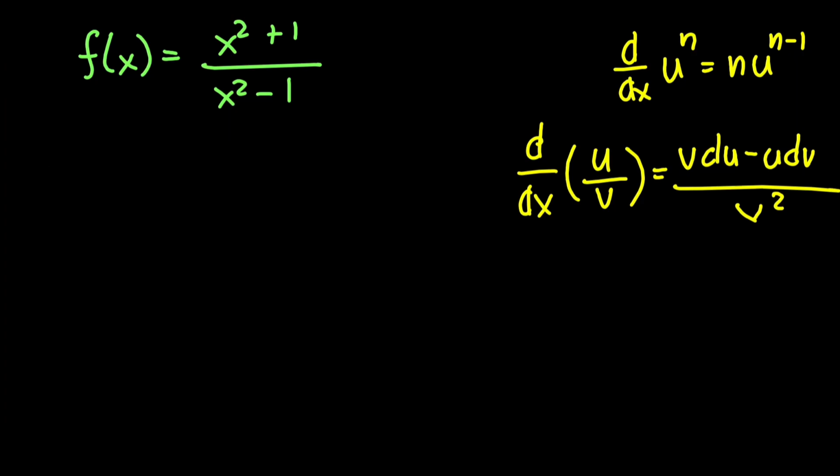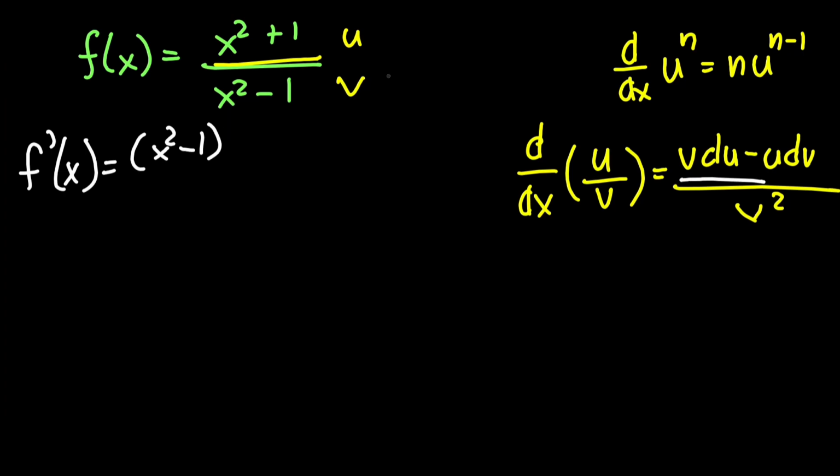So in this case, we can assign this one as u and this one be v, and by the formula, f prime of x would be equal to v multiplied by the derivative of u, which would be x squared minus 1 multiplied by the derivative of u. Derivative of x squared would be 2x.